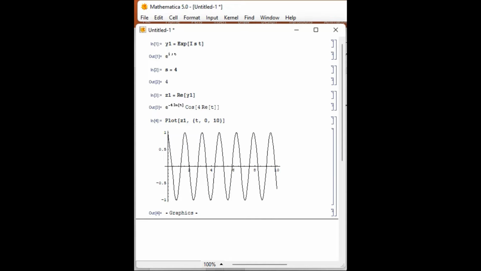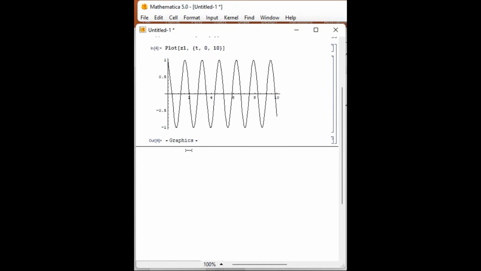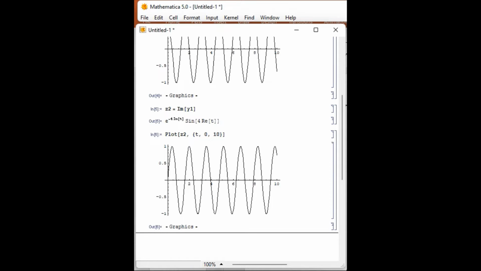Okay, we got it. Next, z2 is imaginary part of y1. Plot z2, t is same, 0 to 10. Got it.